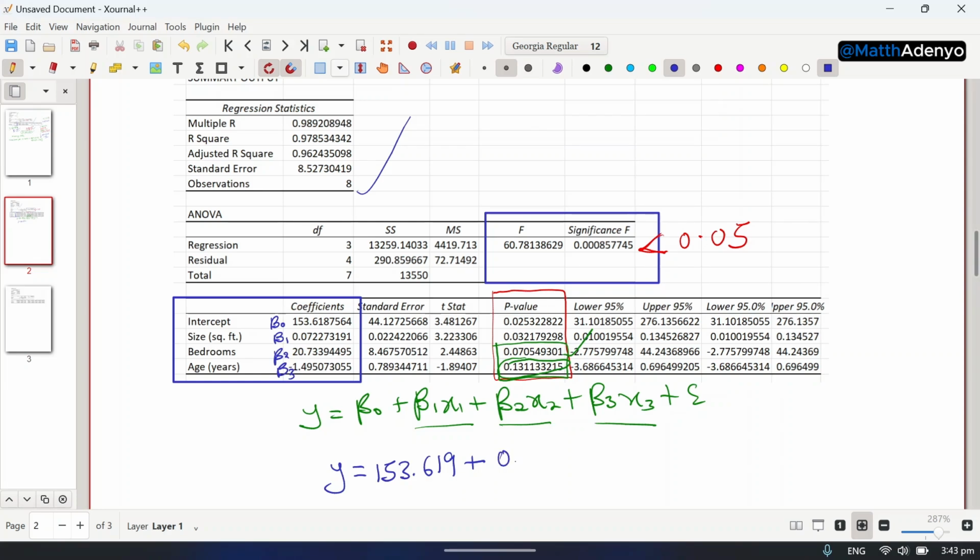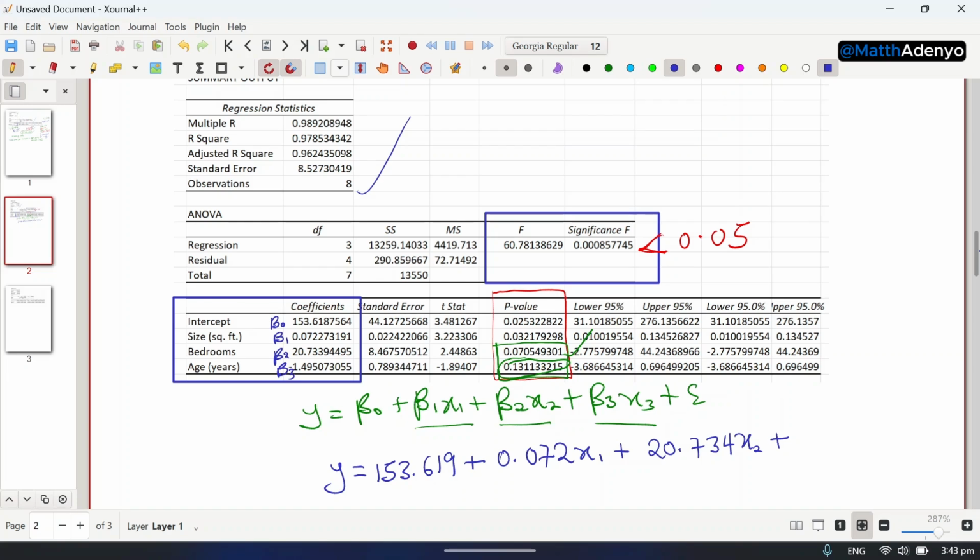Beta 1 is 0.072 x1 plus beta 2. Beta 2 is 20.734 x2 plus, and then we have the last one, beta 3.